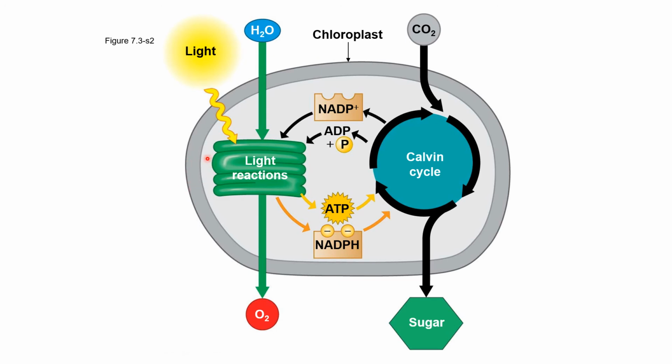So if we go ahead and summarize that first reaction, the light reaction, it takes place within the thylakoids. Two reactants are needed, the light and water. Water is going to break down into hydrogens, oxygens, and electrons. Those electrons get excited because they absorb the sunlight.